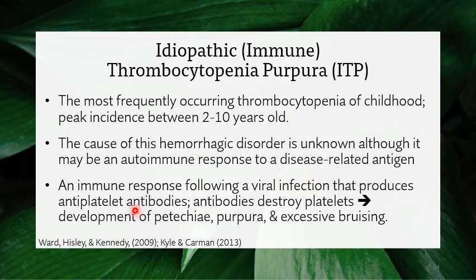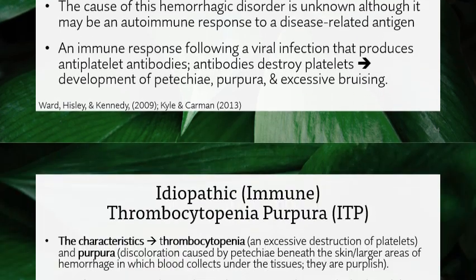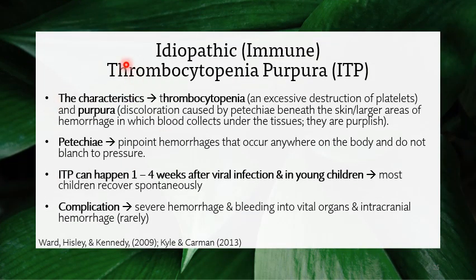Once the viral infection happens, the body produces antibodies but also produces antiplatelet antibodies, and these antibodies destroy the platelets. So we develop fatigue, we have purpura, and we have excessive bruising in the body. The characteristics are thrombocytopenia, excessive destruction of platelets, and purpura, those discolorations under the skin that are colored pink.